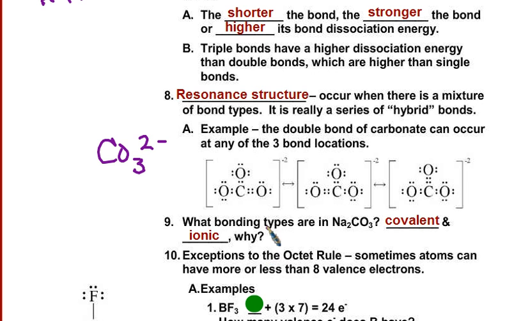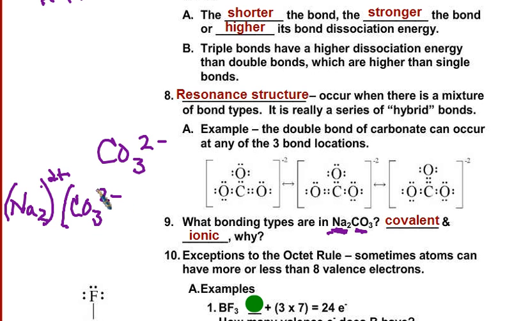Okay, and we're back. What bonding types are in Na2CO3? Well, this is a metal, your Na. You have two Na pluses right there. Sodium is a metal. It makes a cation. This is an ionic compound. However, this CO3 right here is a polyatomic ion.